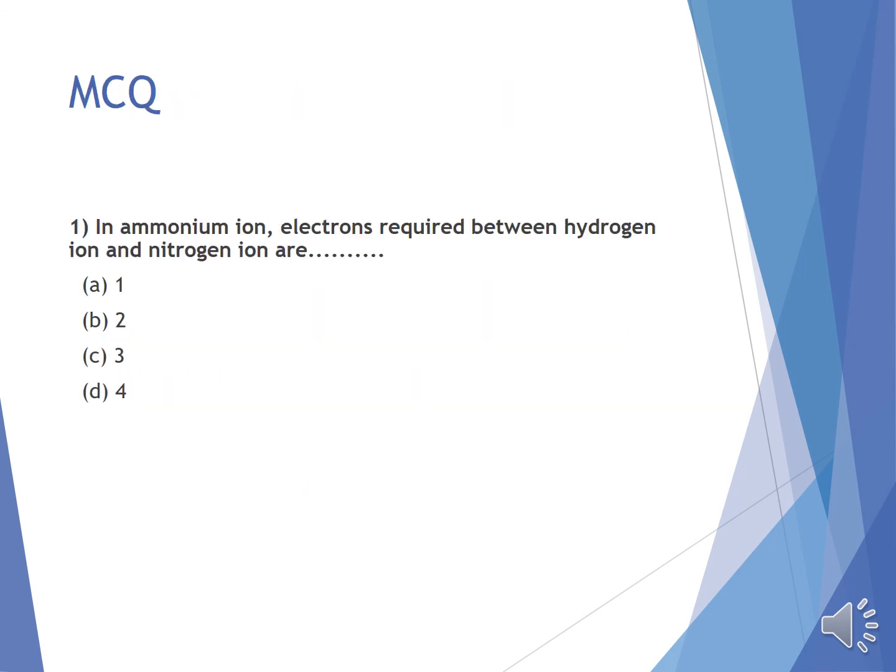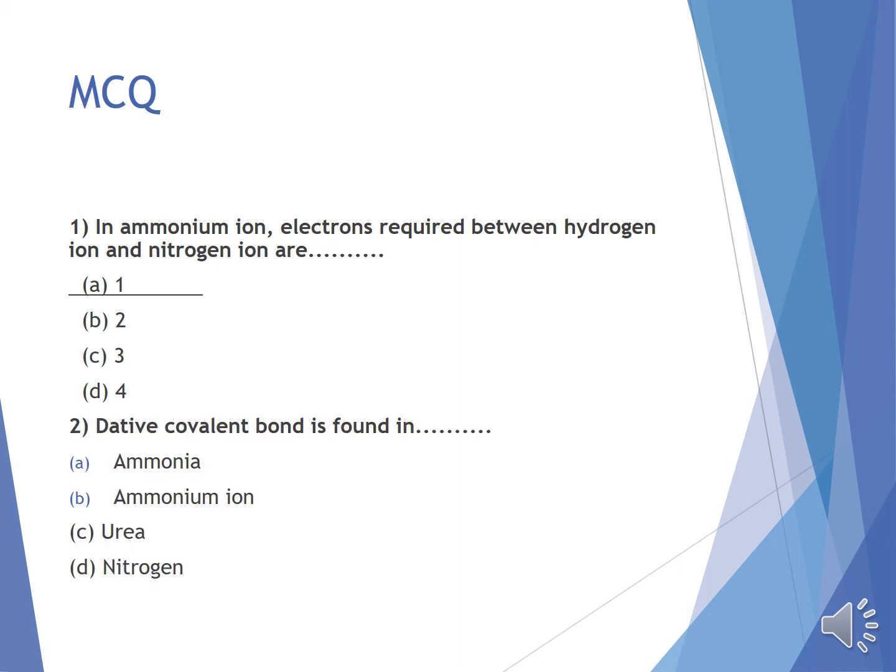Just solve an MCQ based on this. Dative covalent bond is found in: ammonia, it is a covalent bond. Ammonium ion, it is a dative covalent bond. In urea, it's a covalent bond.